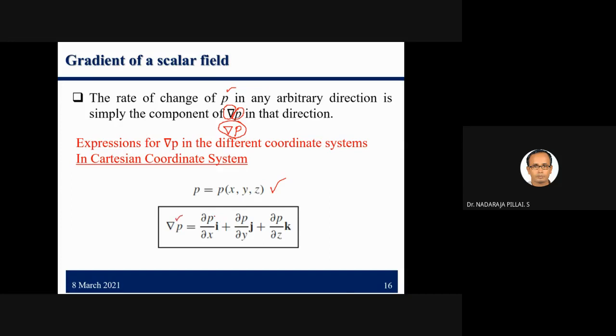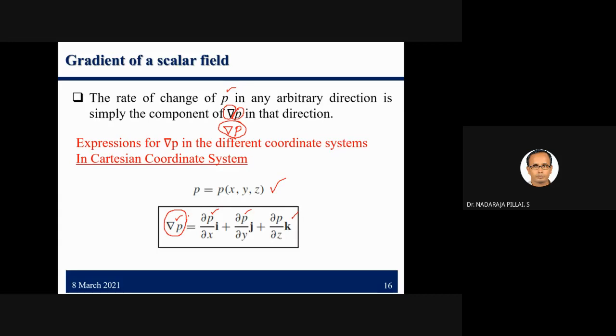Del P can be represented by dou P by dou x in i plus dou P by dou y j plus dou P by dou z k. So this is del P. We will do some problems later on calculating the gradient of a particular field. So this is the information we need to know.